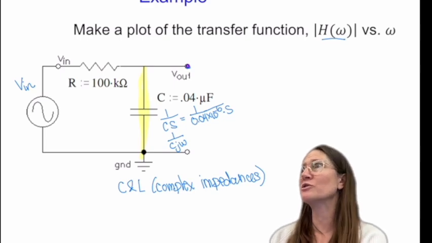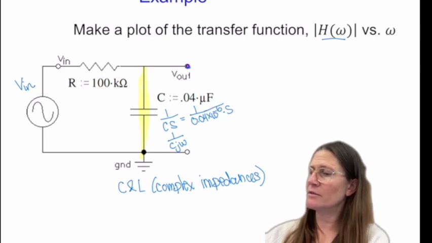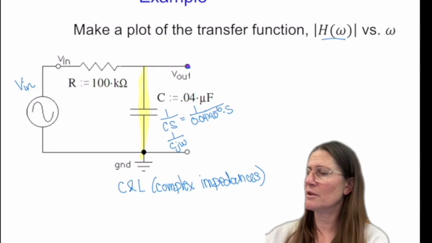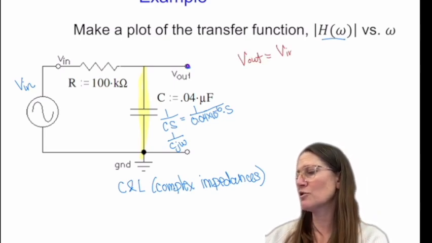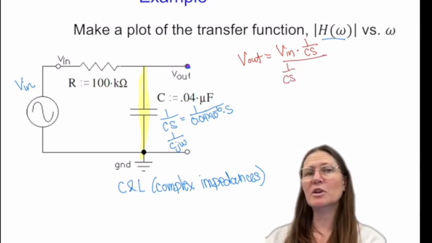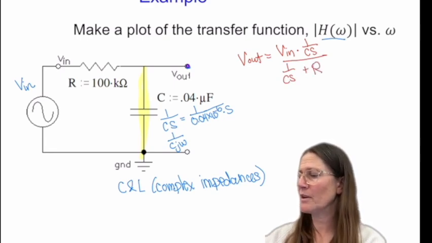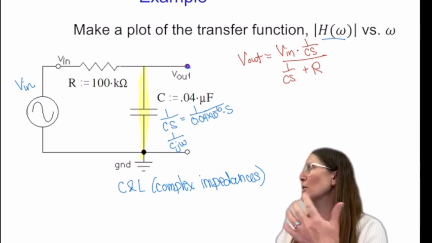So Vout will be your Vin, your source, times 1 over CS, and then 1 over CS plus R. This would be my output equation, and it's already in the function of input.